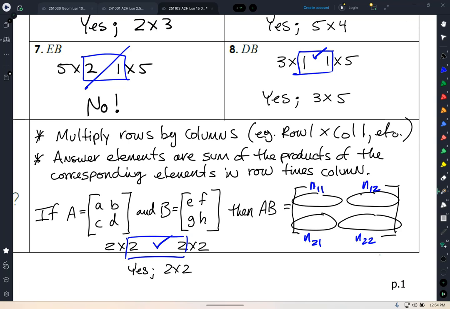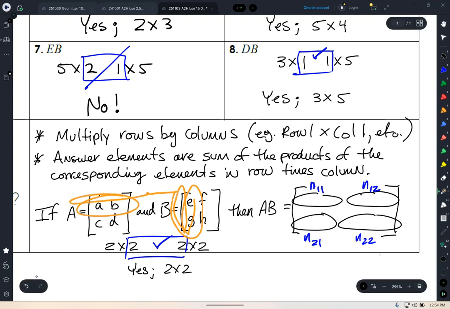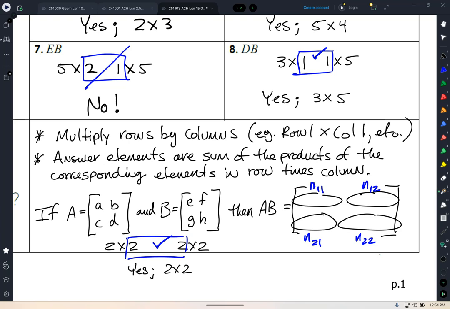Let's talk about N11. It's going to be row 1 times column 1, and we're going to multiply the corresponding elements together. So in other words, if this is row 1, then this is column 1. We're going to multiply A and E together, and then we're going to multiply B with G. First position, second position in the row, first position, second position in the column. You see how it's working?